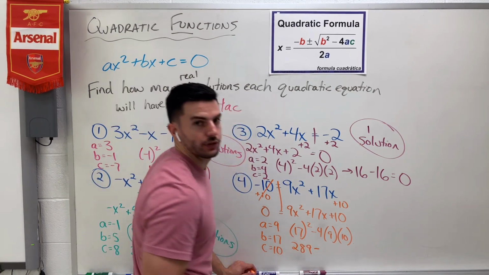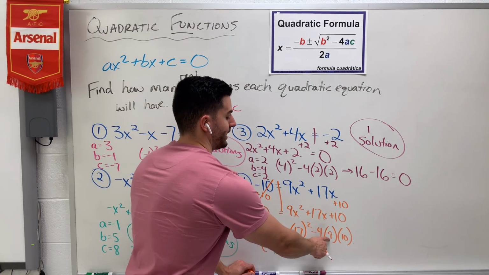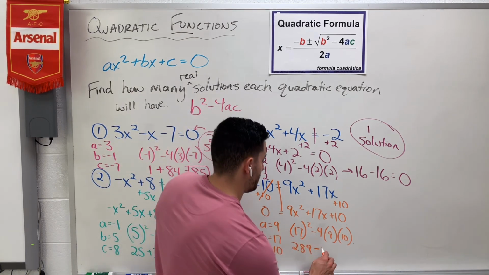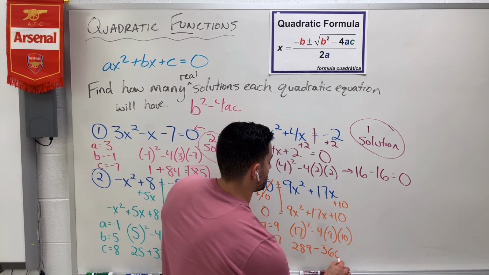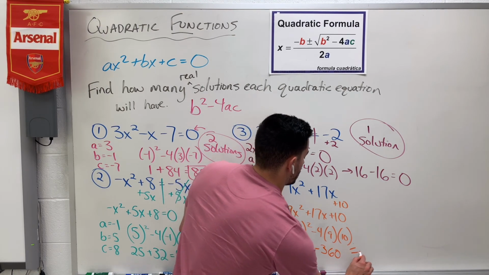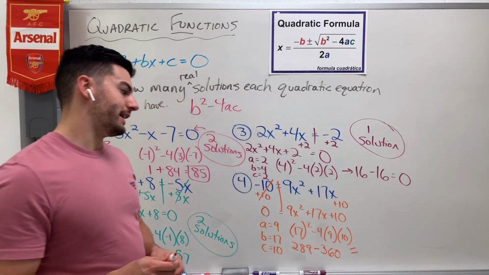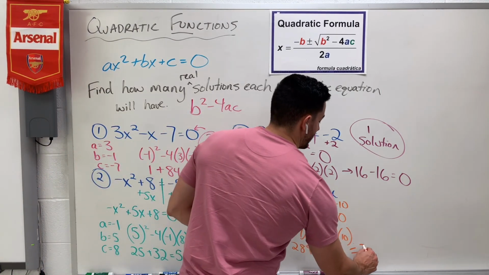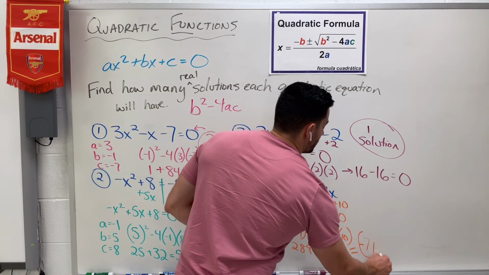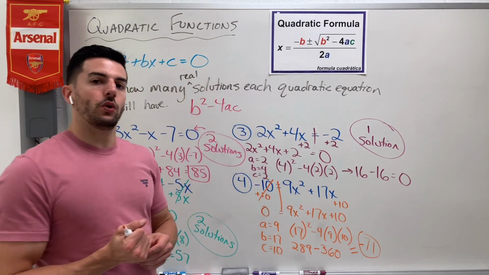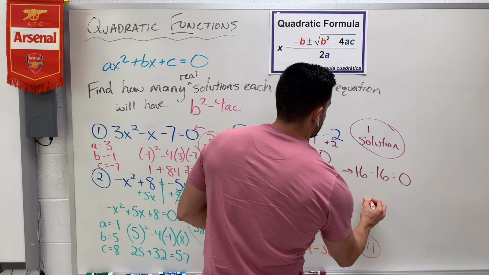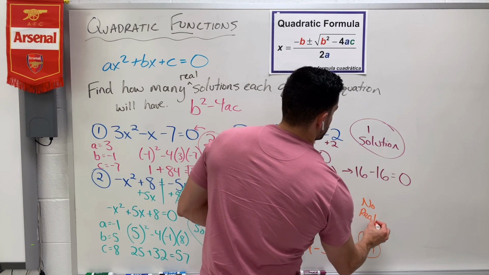So then 289 minus 4 times 9 is 36. 36 times 10 would be 360. Okay, so then we subtract 289 minus 360 gives you a whopping negative 71. And negative 71 is negative, indeed. So there would be no real solutions here.